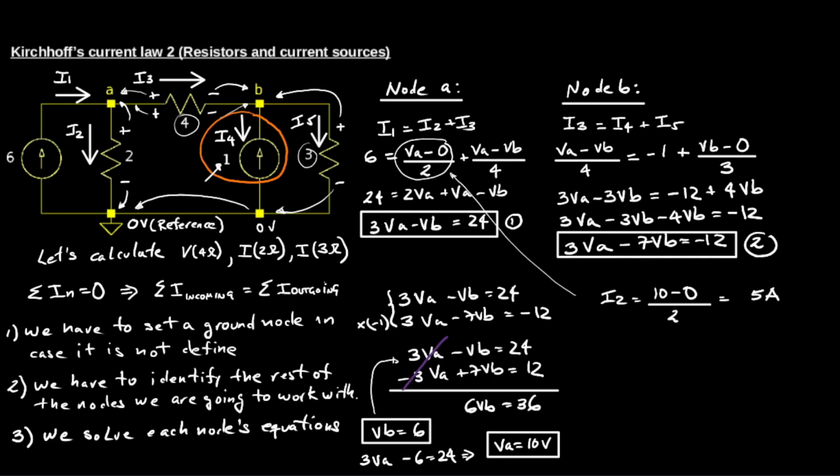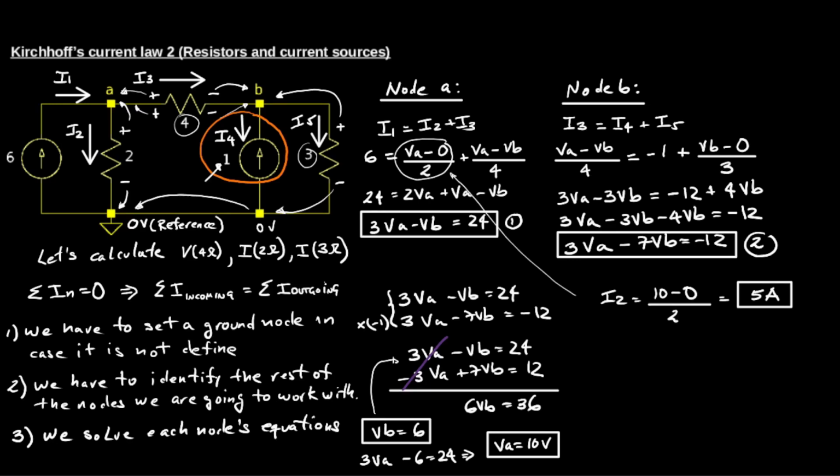Okay, so I got I2, and if I take a look to the circuit, I can see that I2 is the current through 2 ohm resistor. So one unknown is solved, okay?